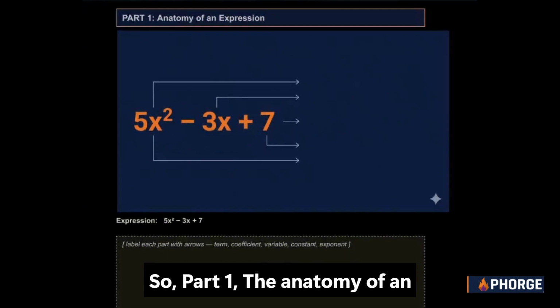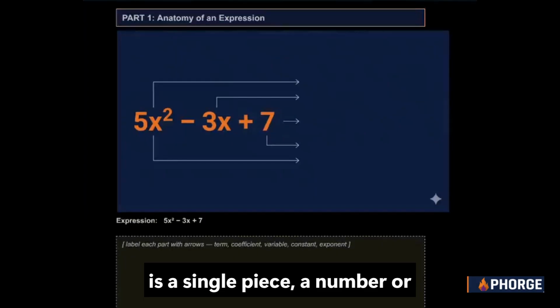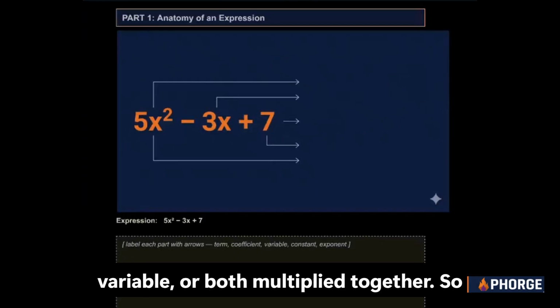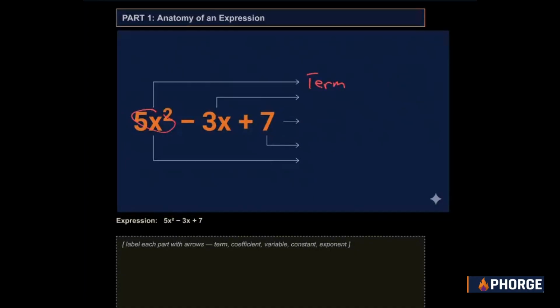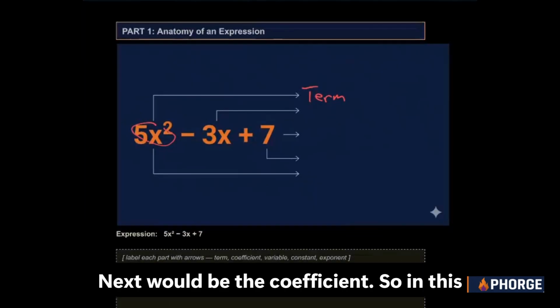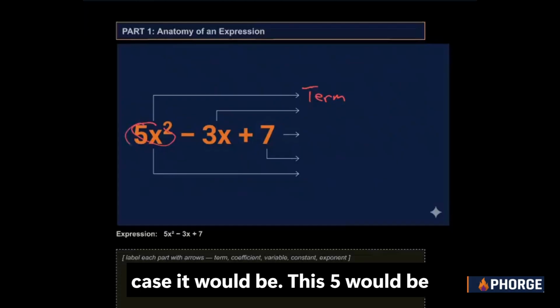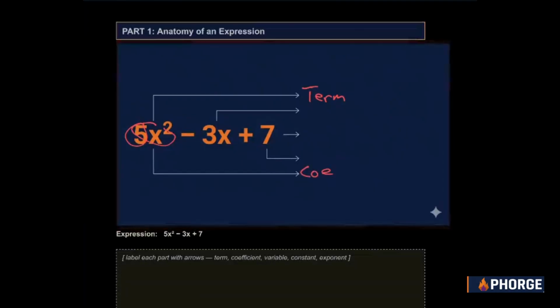So part one, the anatomy of an expression. So the term is a single piece, a number or variable, or both multiplied together. So this right here would be a term. Next would be the coefficient. So in this case, this 5 would be the coefficient.